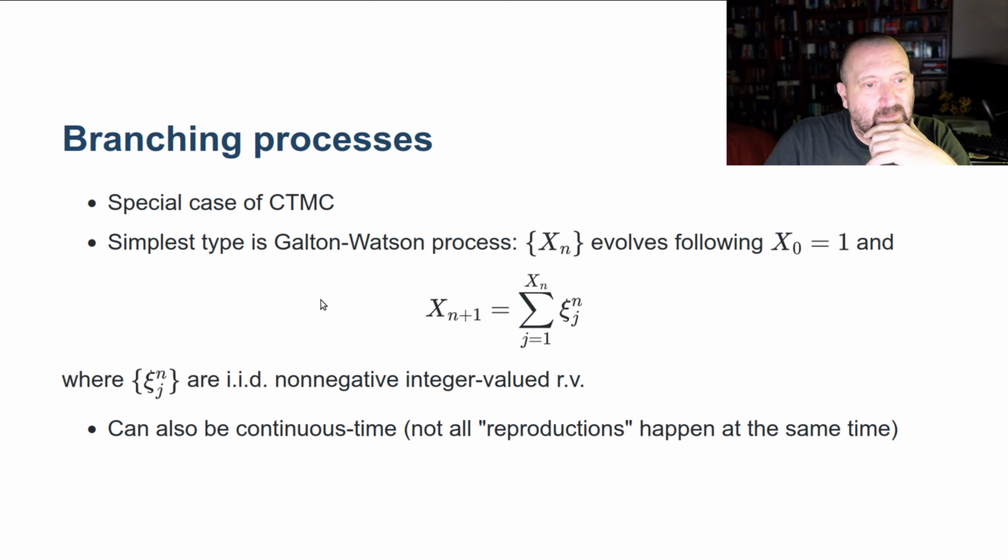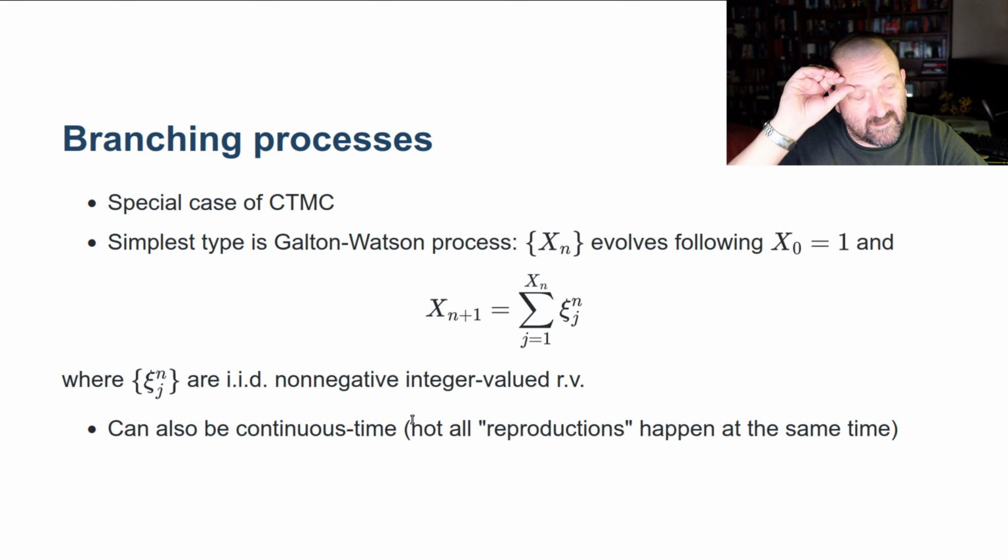Another type that I'm not going to cover is what's called branching processes. They're essentially a bit like continuous time Markov chains in a continuous case. There's actually an equivalence between some types of continuous time Markov chains and some continuous time branching processes.